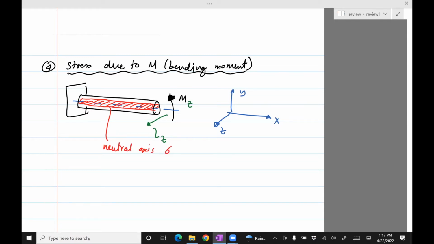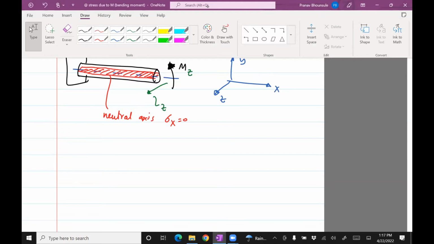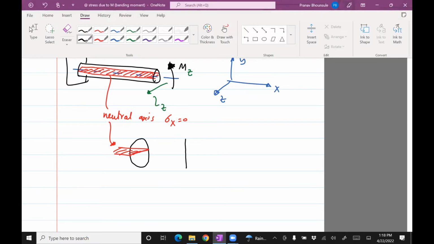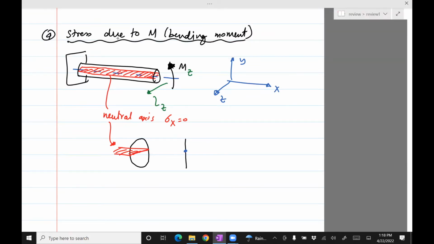The stress due to Mz will be 0. This stress is in the x direction. If you redraw just the cross section, that's our neutral axis. Same thing. What you'll see is that the stress is 0 here on the neutral axis, and then it increases linearly with the distance.